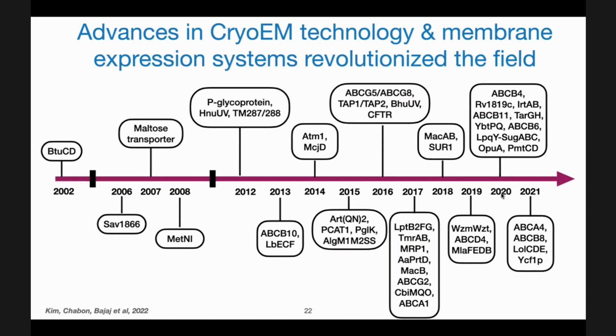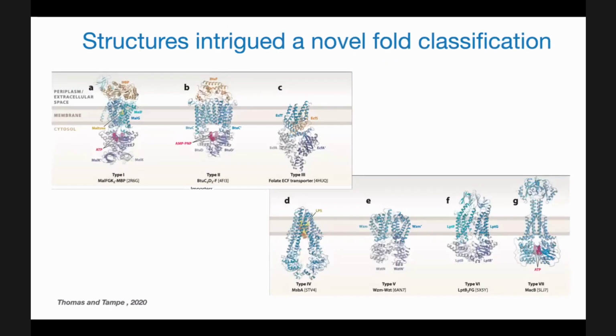The funny thing is that 2020, which was the COVID year, was the most productive year for the ABC transporter field. Structures have introduced a novel fold classification in ABC transporters. You can see that there are different kinds of architectures: here you can see swapped helices, now we have an extracellular domain as well, and here we have binding protein domains. So there are different classifications based on structures as well.